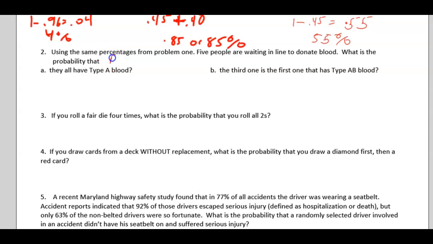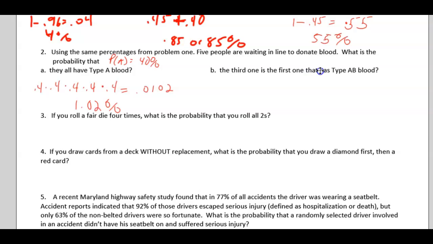So I'm going to do 0.4 times 0.4 times 0.4 times 0.4 times 0.4. That gives me 0.0102, or 1.02%.